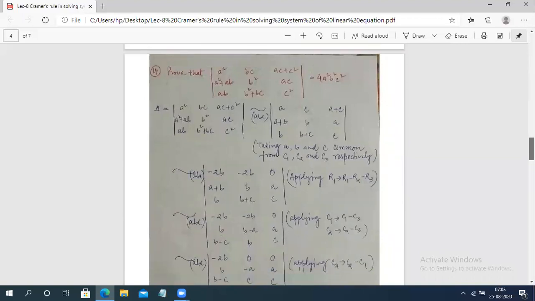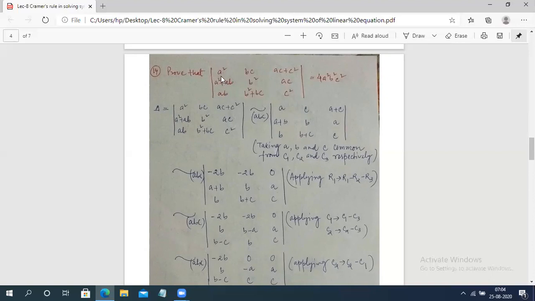Similarly, in this question number 14, we have to prove that this determinant value is equal to 4a square b square c square. So what we can do, just observe that in the first column, second column, third column, which term is common? In the first column, a is common in all the terms, a square, ab.